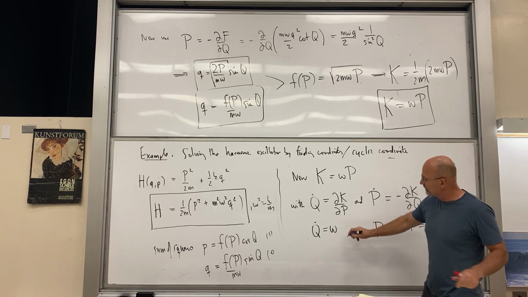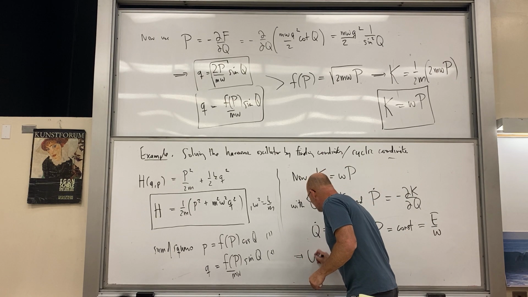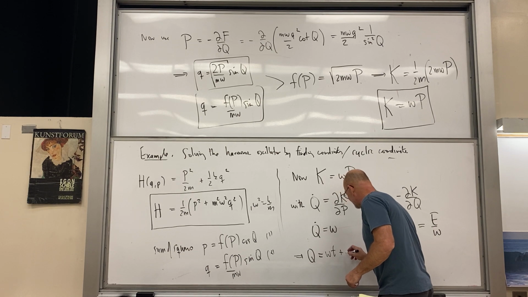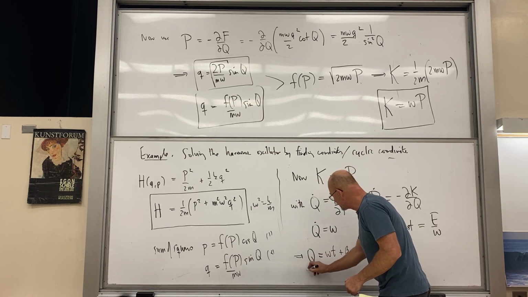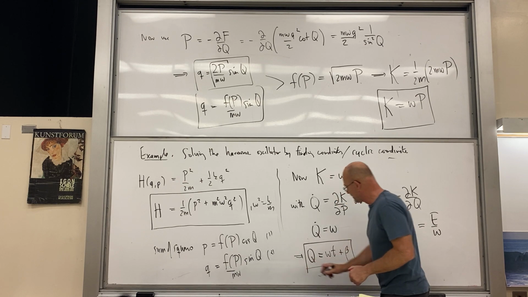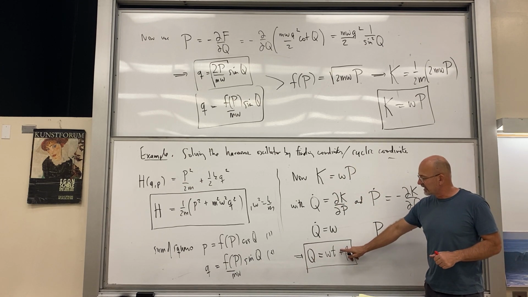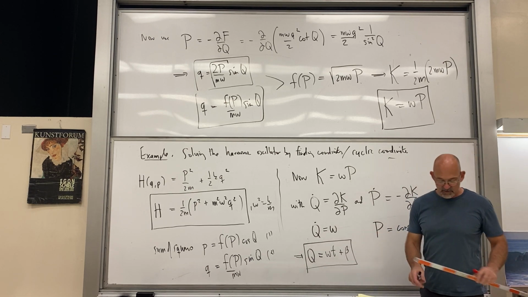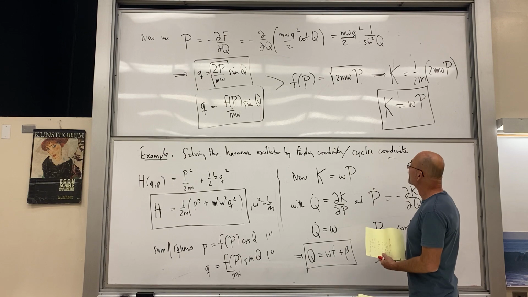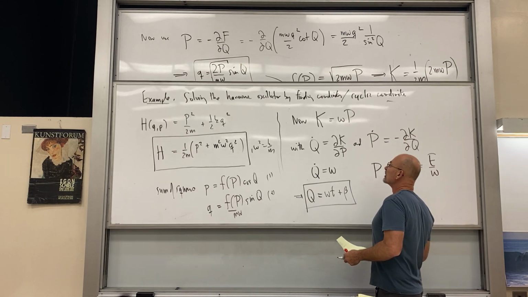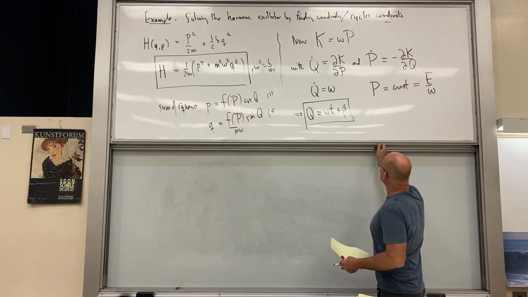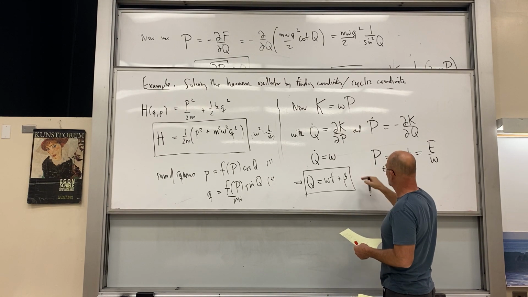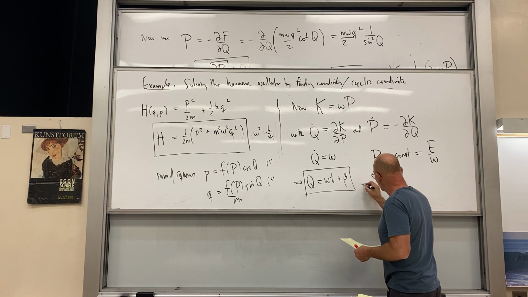But if Q dot is equal to omega, and Q is equal to omega t plus, I'll just say, beta, and if we go back into our definition of Q in terms of lowercase q, we're just going to get our sinusoidal motion again. So continuing, we've got room right here. Omega t plus beta.